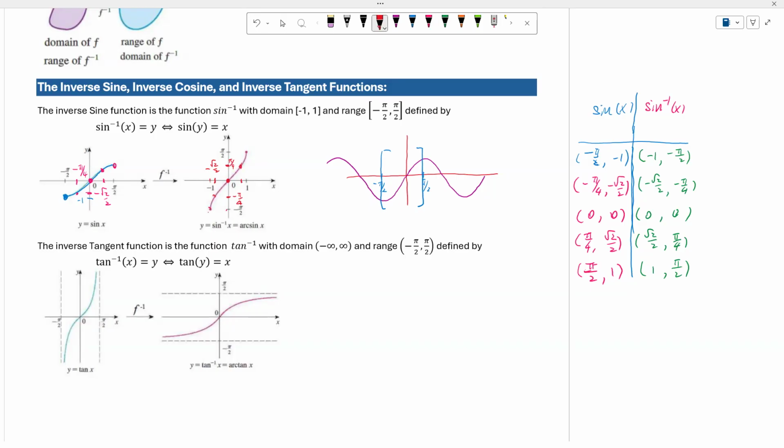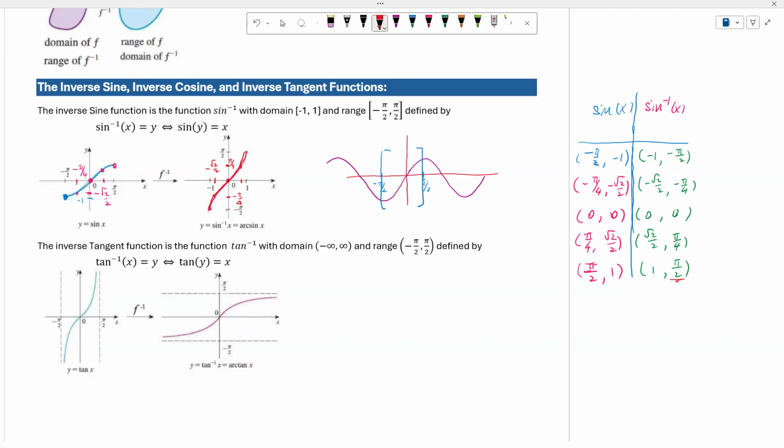And then I have 1 and pi over 2. So therefore, this is my inverse function.